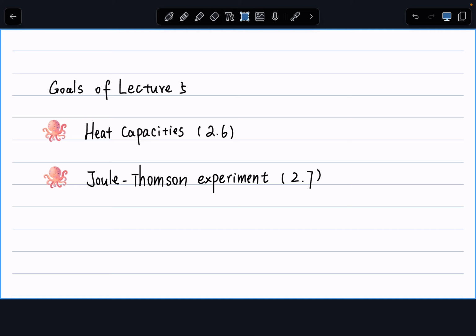Remember, the original version of the first law of thermodynamics is delta E equals Q plus W. And this total energy equals kinetic energy plus potential energy, and plus internal energy.